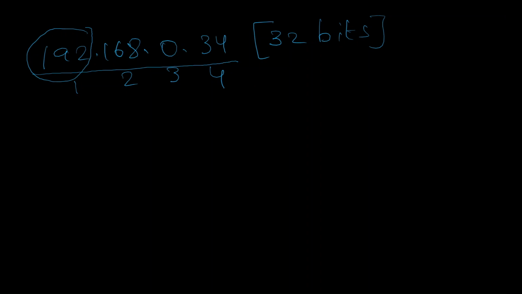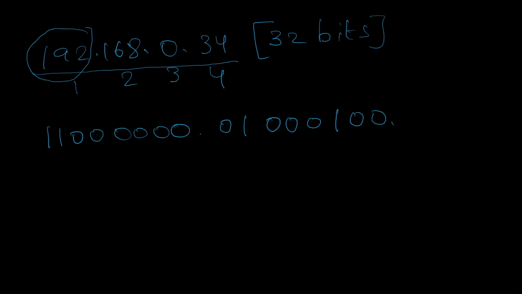Let me write this in binary so that you will get more clarity on how an IP address looks. 192 can be written as 11 followed by 6 zeros. Dot, 68 can be written as 01 and so on, using the place values 32 16 8 4 2 1.